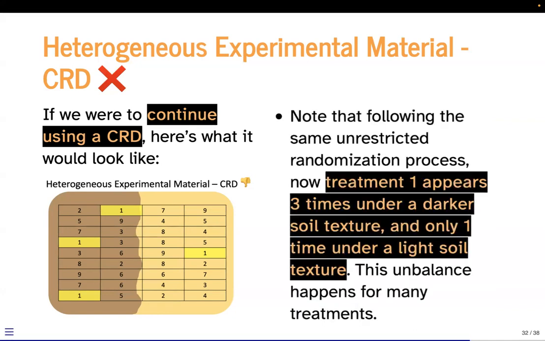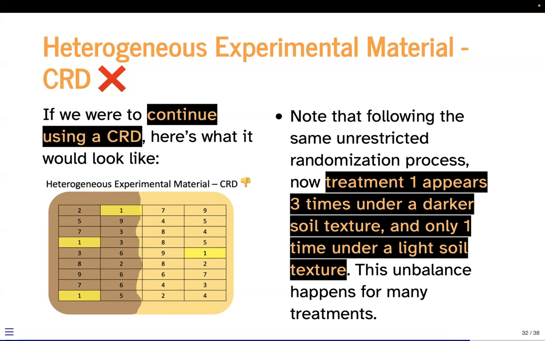If we pay attention to treatment number 1, what happens here is that treatment number 1 now is appearing 3 times under a dark soil type in this example and 1 time in a light soil type.